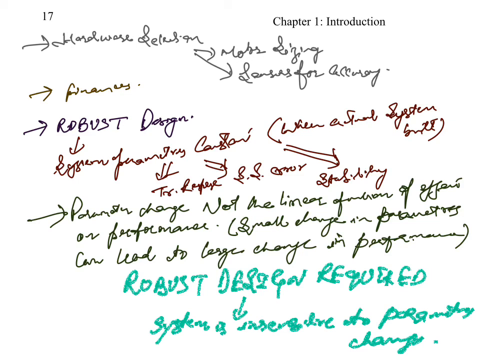So it will be a difficult problem. Since a small change in a parameter can lead to a very large change in the performance of the system, this change should be least and the design must be robust.